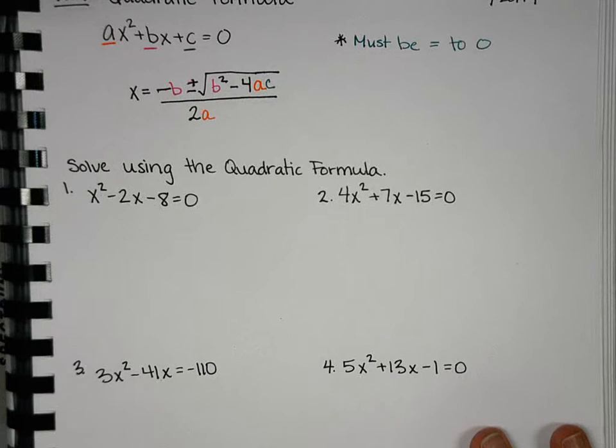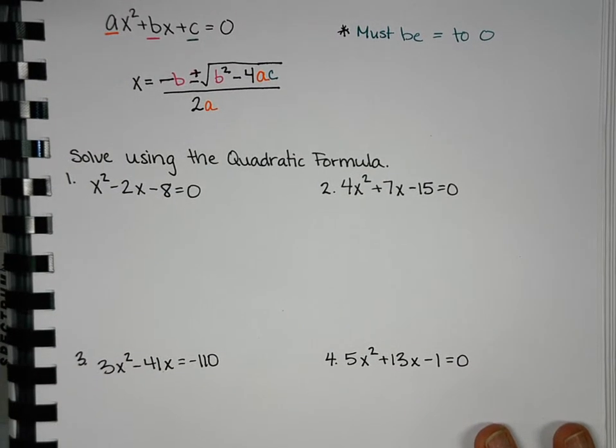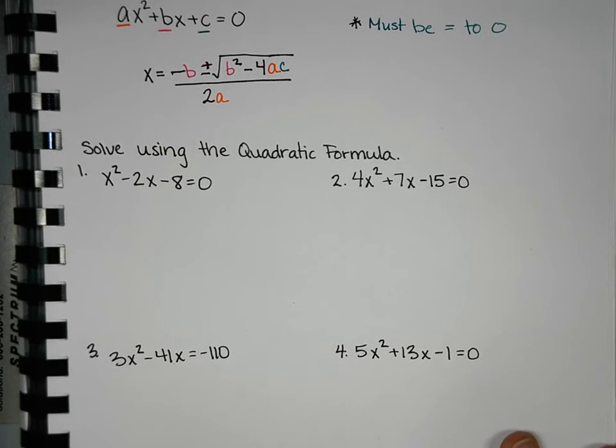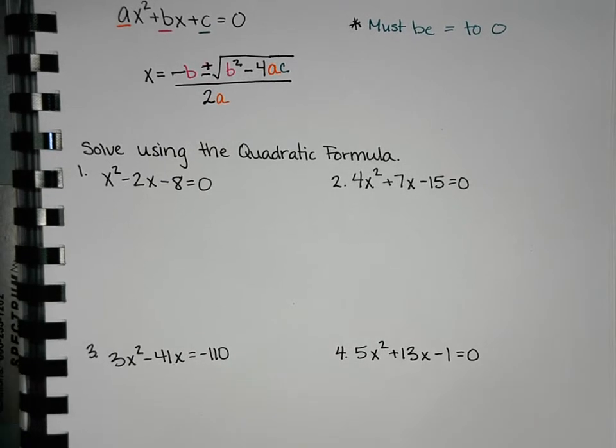All right, so we're going to solve for x using the quadratic formula. So again, these are still x-intercepts. That part isn't changing. We're just using another method to find them. So the first thing you want to do is identify A, B, and C. So in number 1, what is A?